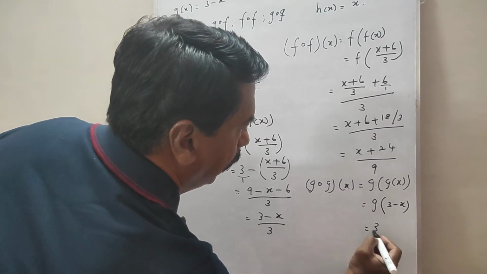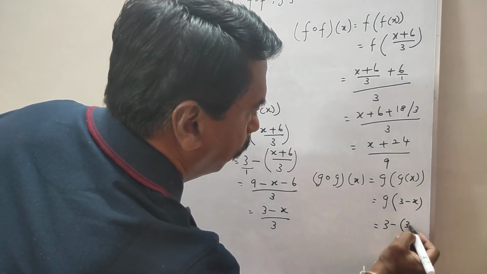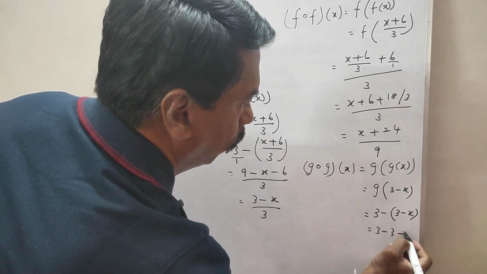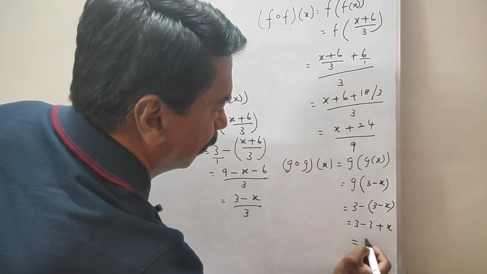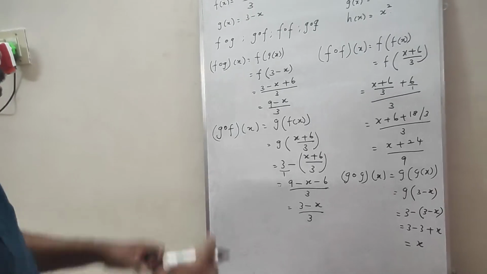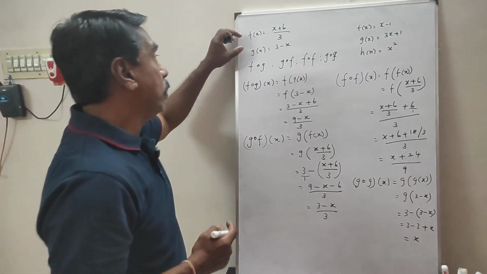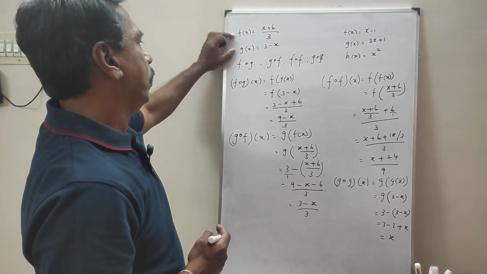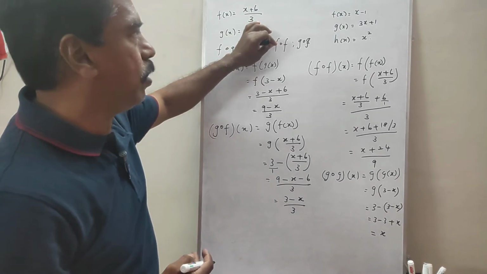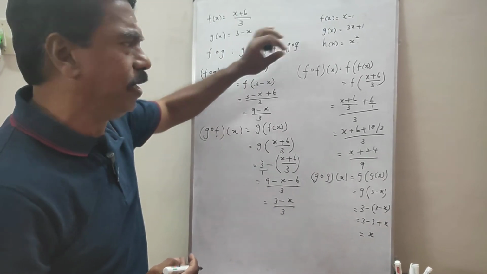That is 3 minus, inside the bracket you write 3 minus x. Now you expand, you get the answer as x. I hope you understand. So when two functions are given, we can find f dot g, g dot f, f dot f, and g dot g.